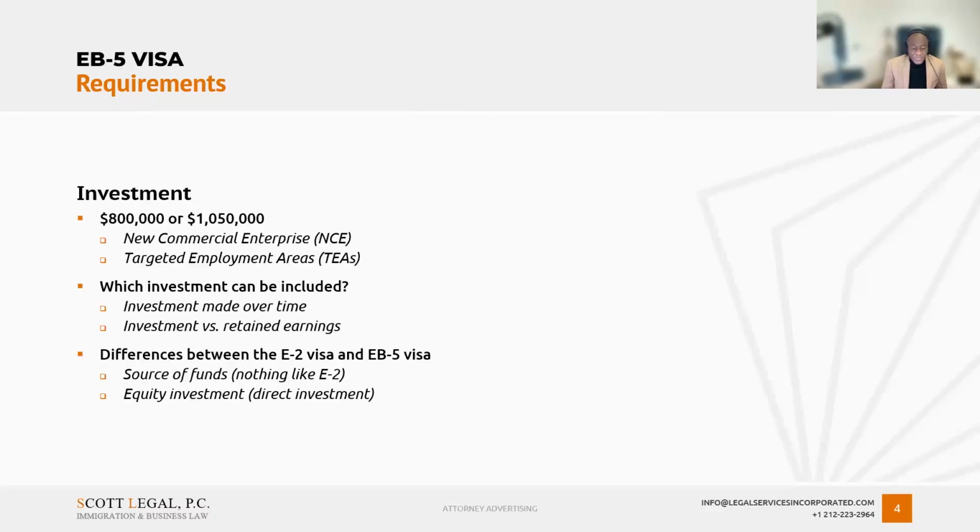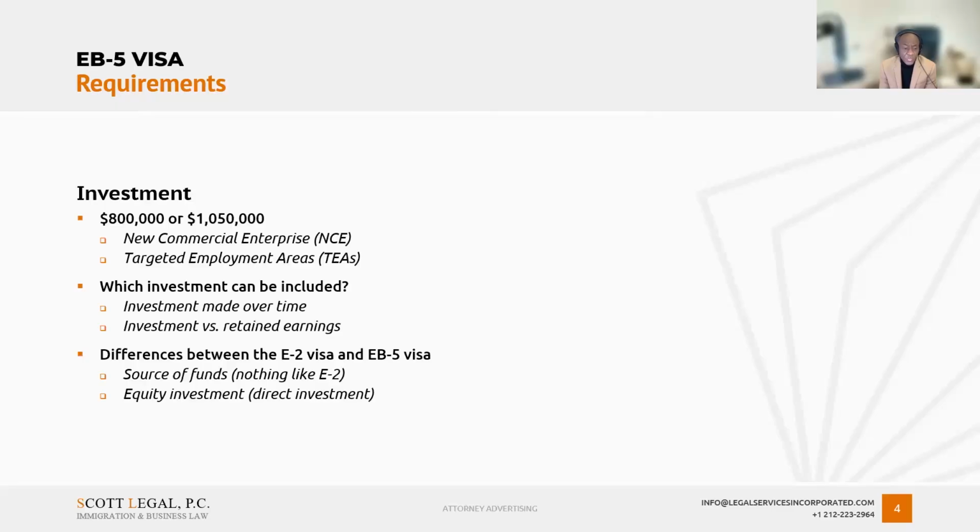There are significant differences between E2 and EB-5. The EB-5 is stricter, so there's a source of funds requirement, for example, where you have to prove that the money came from a legitimate source. Both E2 and EB-5 have that requirement, but for EB-5, it's much more like an audit.